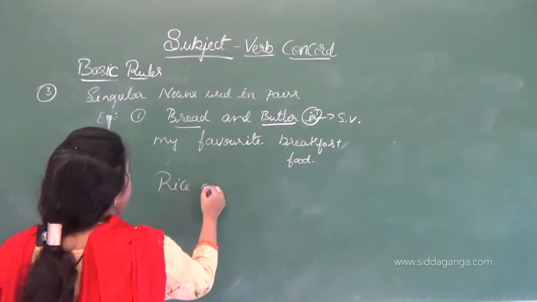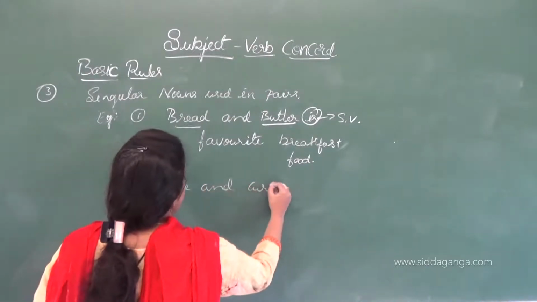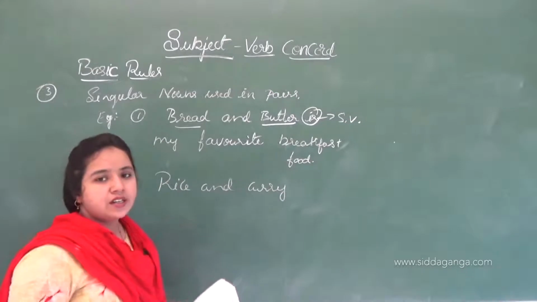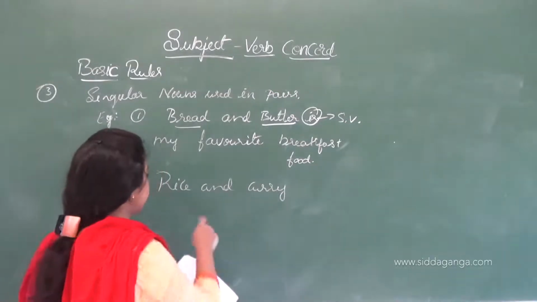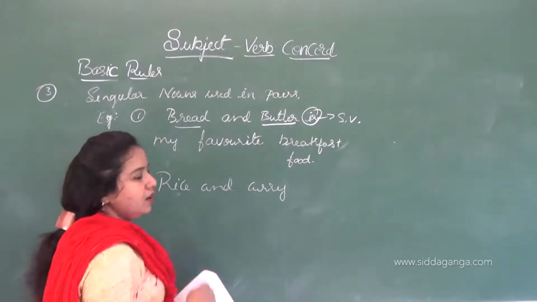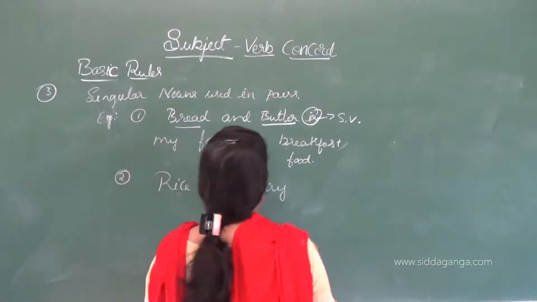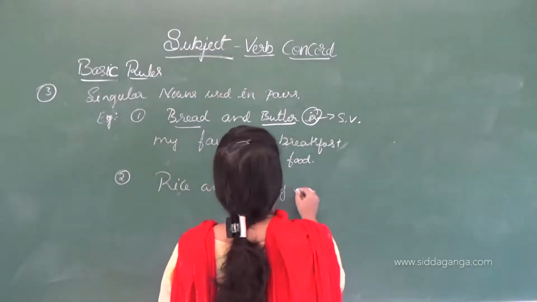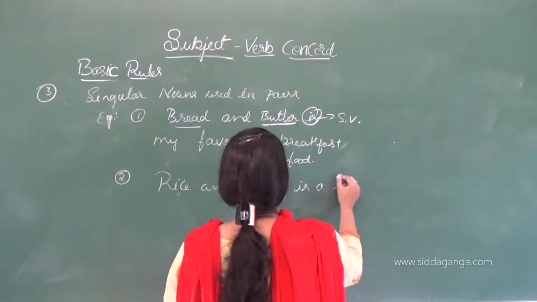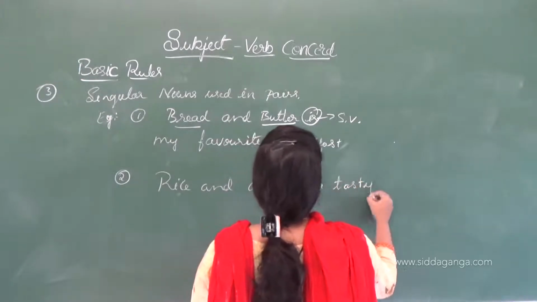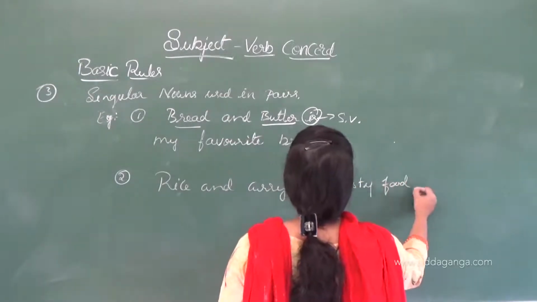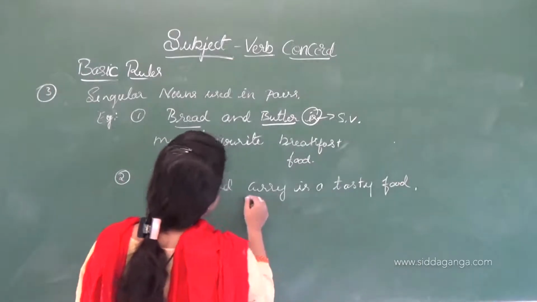Rice and curry. Rice and curry, we usually take it as a pair. We can't take curry as one and rice as another. We are not taking this; they are used in a pair. Rice and curry is a tasty food. Here also the same thing.